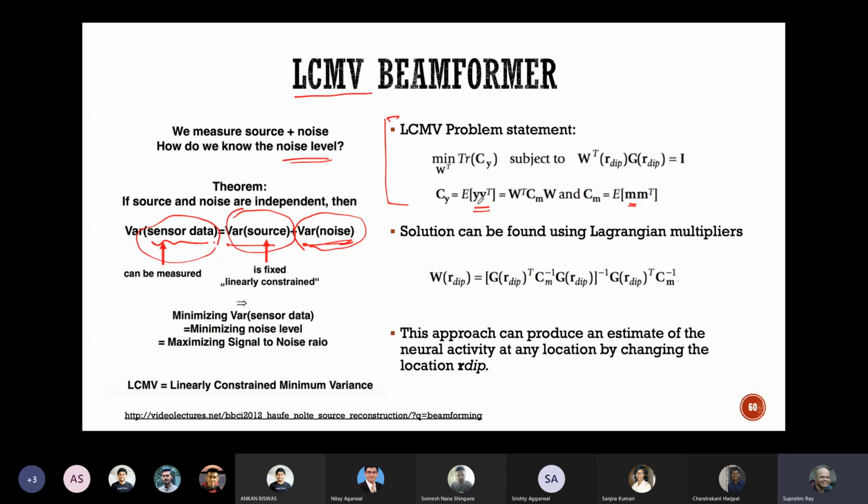Now you want to find the covariance matrix of Y, which is just this. Because Y is W transpose M, YY transpose is W transpose MM transpose W. So its covariance matrix is just given by this. CM is what you can compute because you have access to the data. This data M is your voltage vector, sensor data.